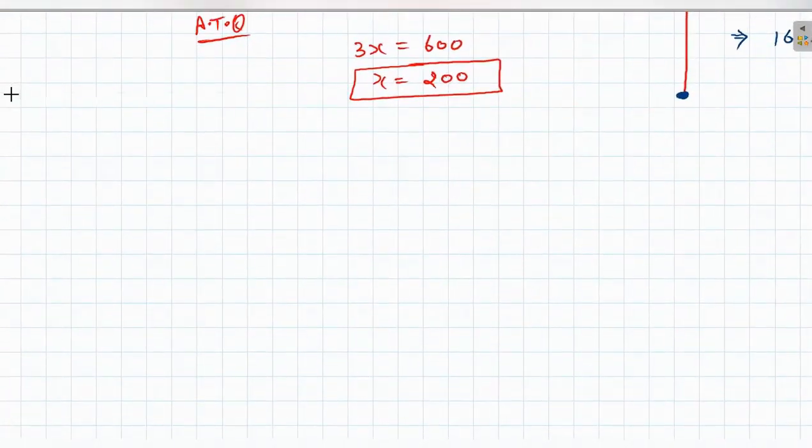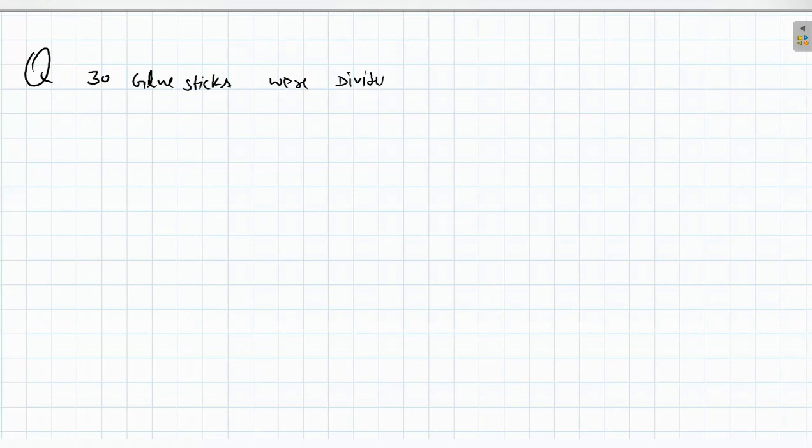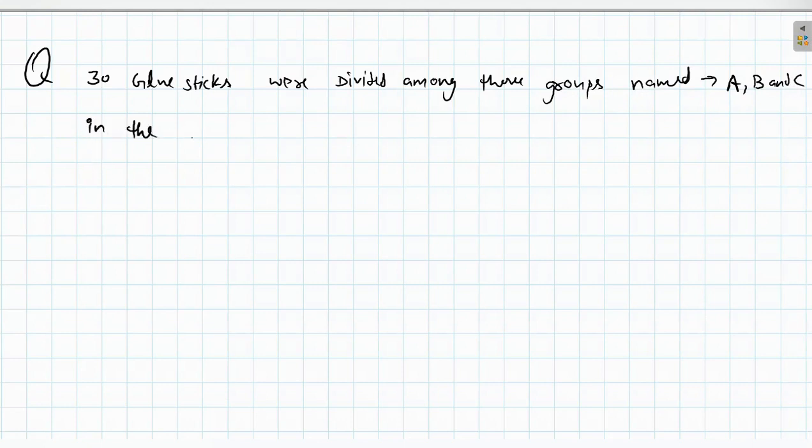Next question. You have to do it by yourself. So we have, let's say, 30 glue sticks, and these were divided among 3 groups named A, B, and C in the ratio 3:2:1.